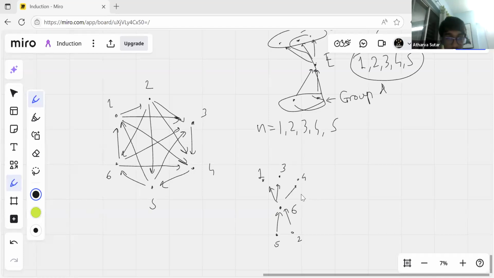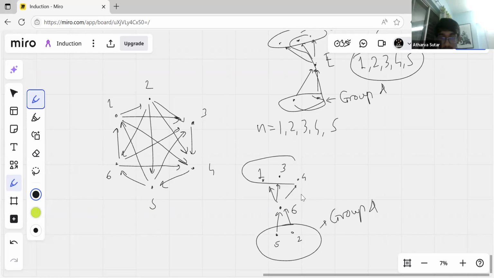So now the edges between 1, 3, 4, you call this group A, and you call this group B, right? Now you know that the statement is true for 1, 2, 3, 4 and 5. So notice that the sizes of both these groups are less than or equal to 5.